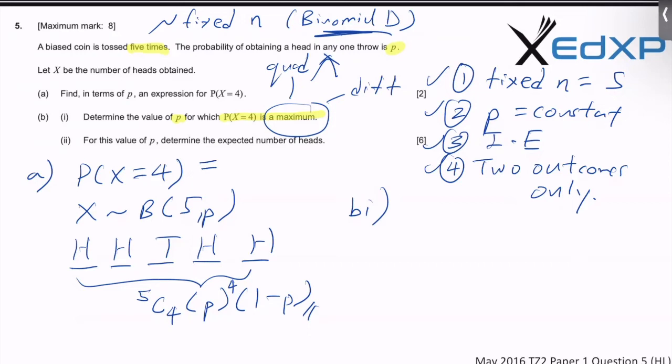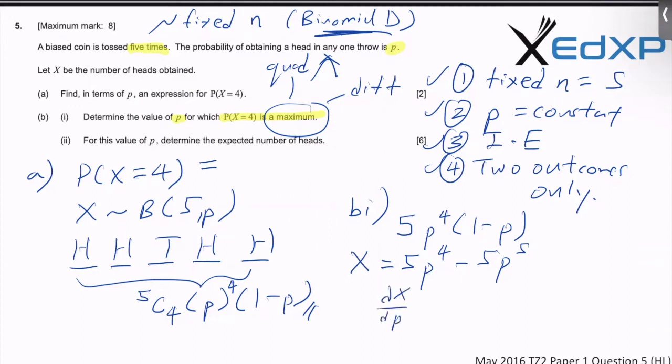So it's 5 times p to the power 4 times 1 minus p. Maybe I'll do a quick expansion. So it's 5p^4 minus 5p^5. Let's differentiate this. Let's call this x, for example. So dx by dp will be 20p^3 minus 25p^4.